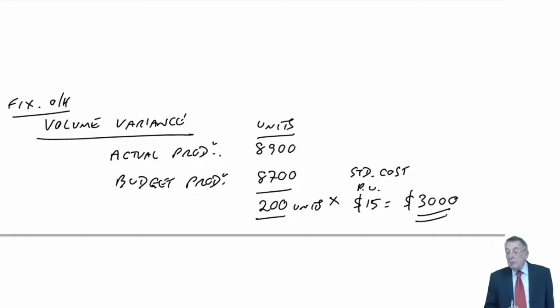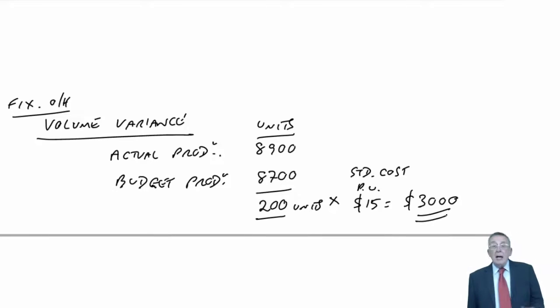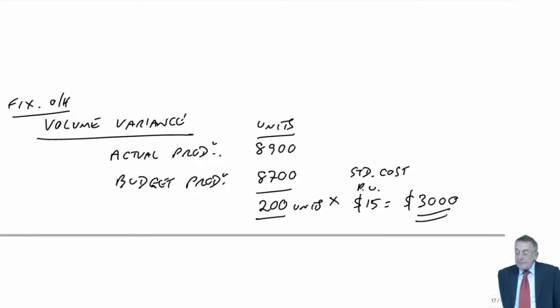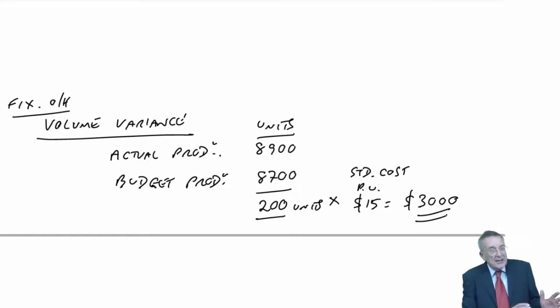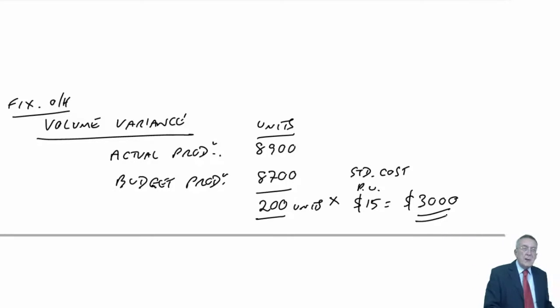Now, I'm not going to waste more of your time explaining the logic. I gave you the logic, but in fact, what we do in a minute will prove that it works. Just one problem, though, a very common problem. People can't decide, oh, is it favourable, is it adverse? All of the others we can make mistakes on when you're rushing, but you know, it's obvious you spent more, you spent less, and so on. With the volume variance, it isn't quite as obvious.